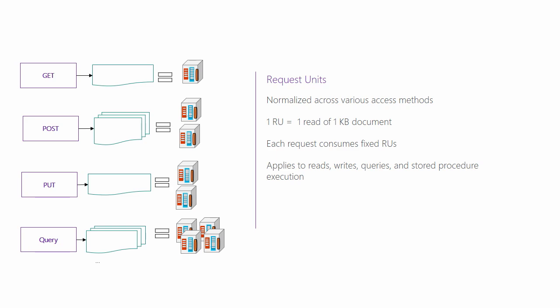But what we promise to you is predictability on how many RUs a request takes. So going back to that example of scaling from 1,000 requests per second to 10,000 requests per second, if we know that these are write operations, and these write operations take 5 request units, that means they're going to take 5 request units no matter how much data and how much throughput you throw at it.